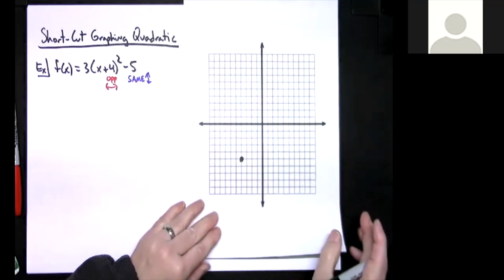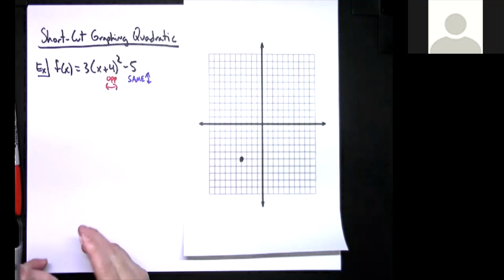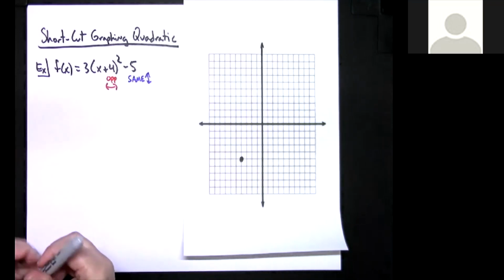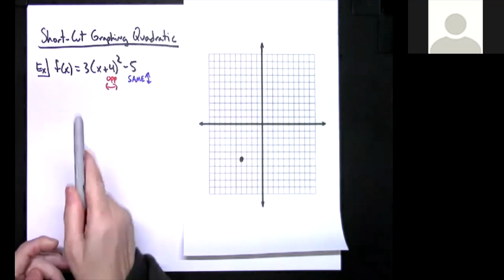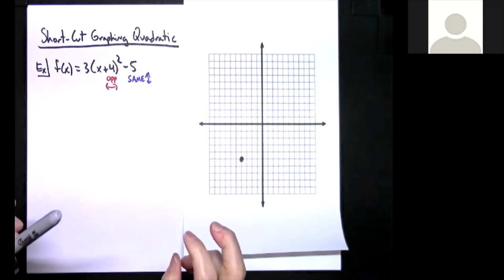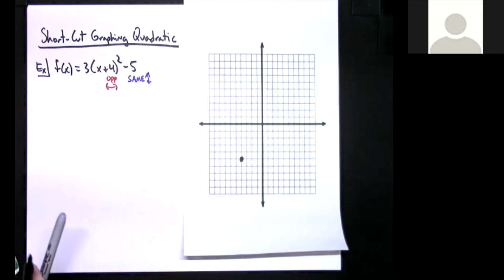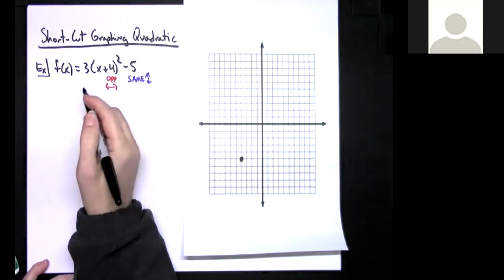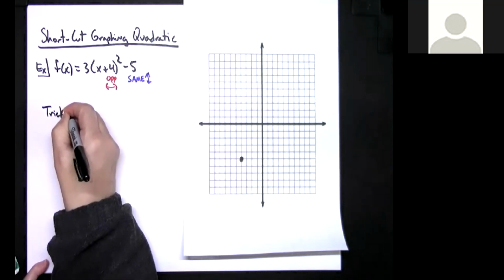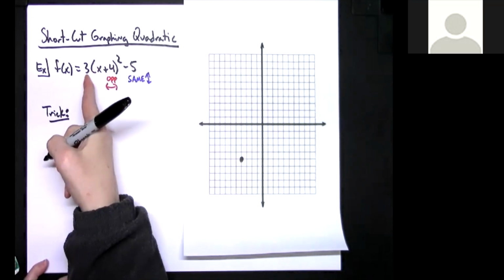Okay, and then the trick to this, or the shortcut, is this. You are going to take your A value, and you're going to multiply it by the magic numbers, every time. I'm going to do it 3 times. So the trick part: I'm going to take that A coefficient.